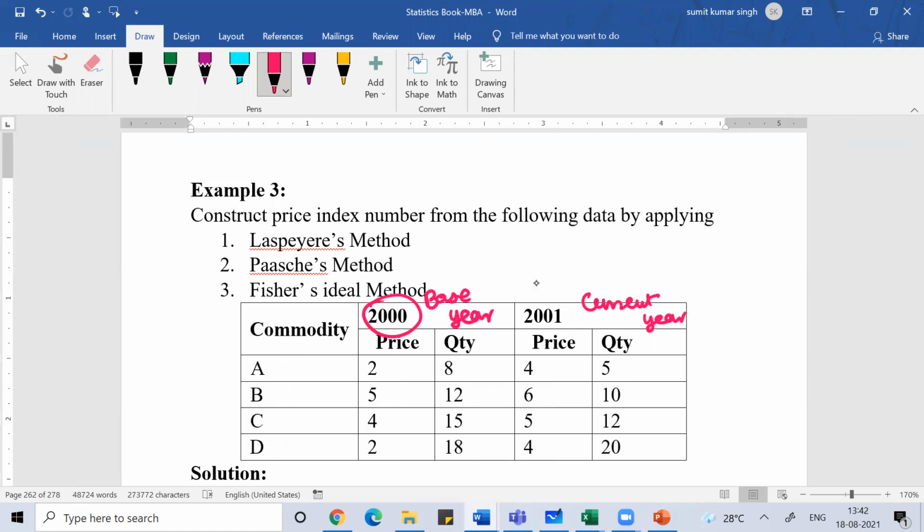So you can write the base year prices as P naught and quantities as Q naught, and the current year prices as P1 and quantities as Q1. Any doubt, anyone?